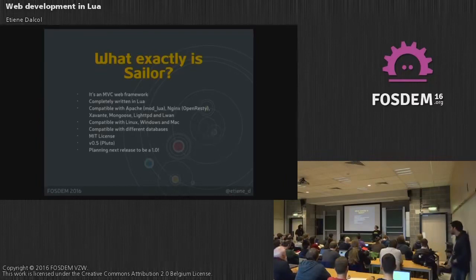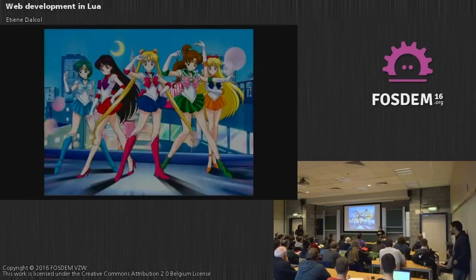You can fork it and rename it to Potato if you want. And we are currently at version 0.5. So we are in pre-release, but I'm working very hard so that the next release is one that we can claim to be ready for production use. In case you were wondering, yes, the name is a reference to Sailor Moon.